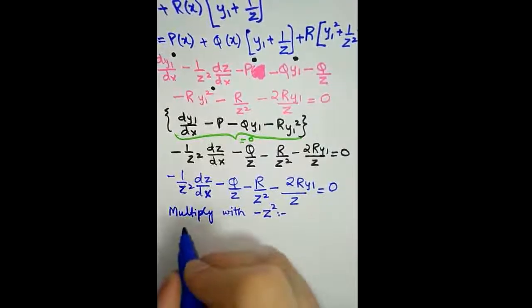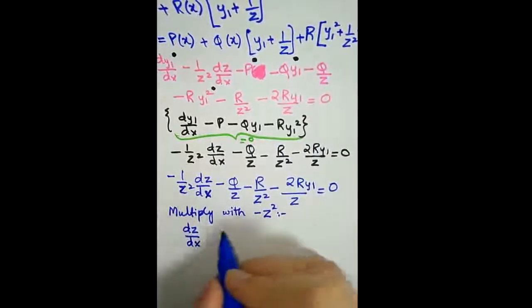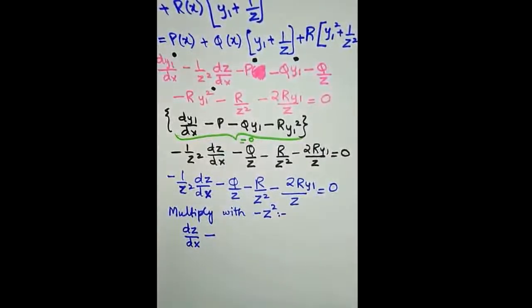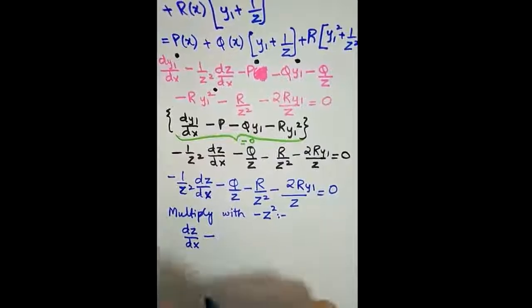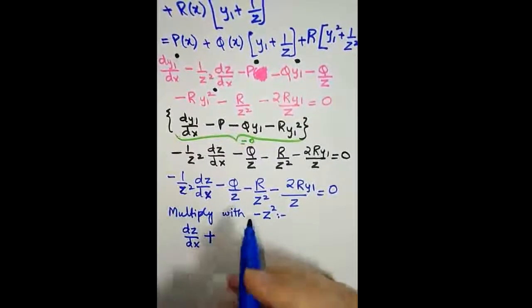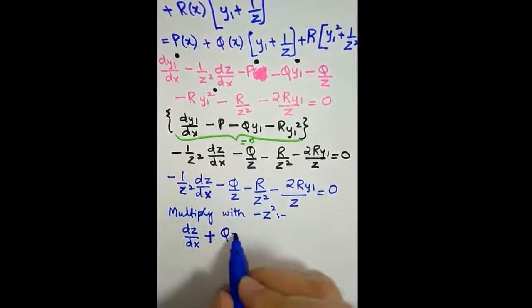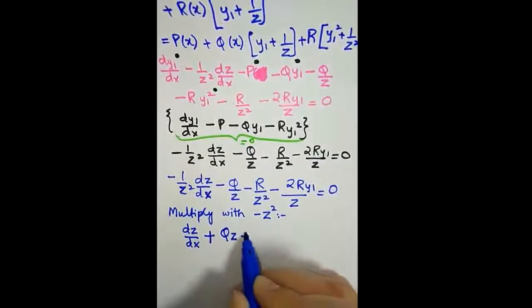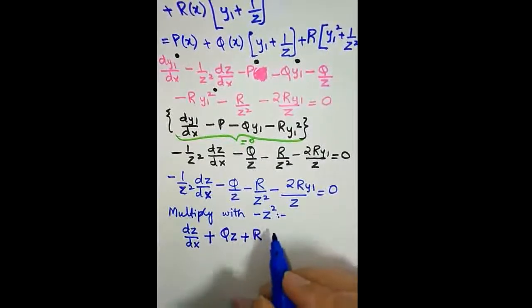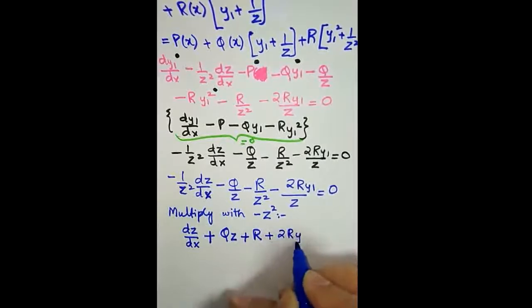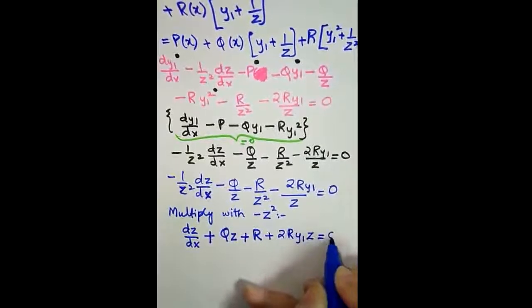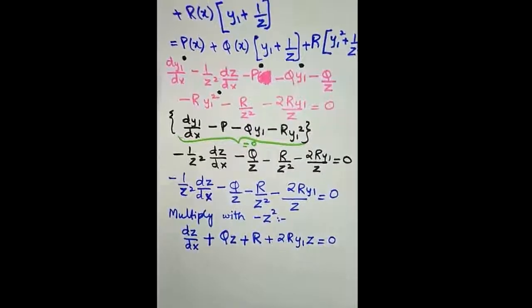So what it becomes: dz by dx, minus z square becomes plus, and q into z plus r plus 2r y1 into z equals to 0.